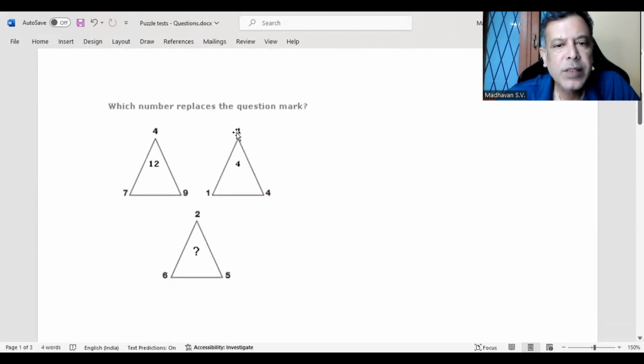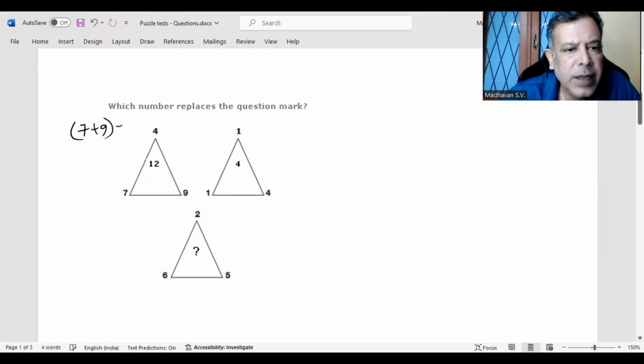Which number replaces the question mark? So here we have 4, 7, 9, 1, 4, 1, 1, 4, in between 12, in between 4 here, 2, 6, 5, question mark. So let us find out, is there any pattern in this? If I add the lower part of the triangle, that is 7 plus 9, and subtract it with 4, we get that 12.